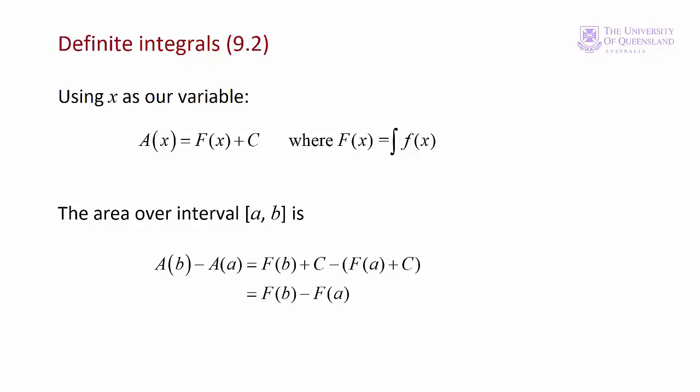The area over the interval a to b is thus A of b minus A of a. So we're substituting there b and a for x. We have the difference there. Of course the c's cancel out. We've got plus c and minus c. So the area over the interval ab is equal to F of b minus F of a.